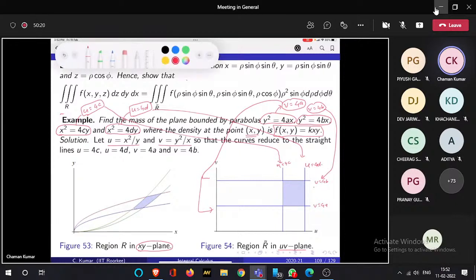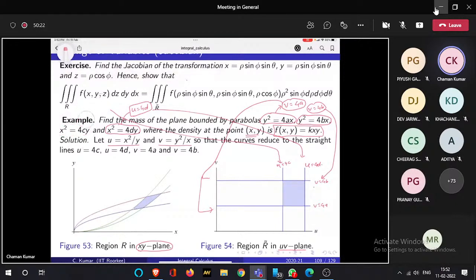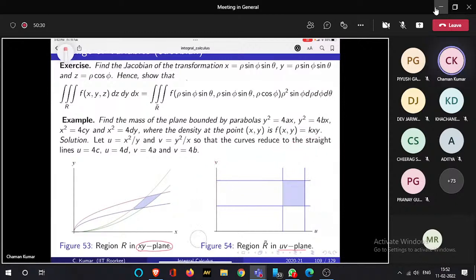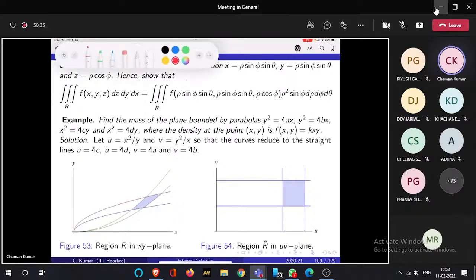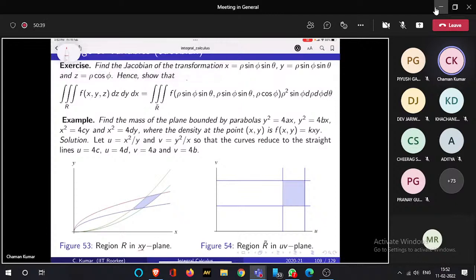Now you see what a wonderful technique we have here. We wanted to work on a complicated region. Our original task was to find the double integral on a complicated region. Now don't say that this is not complicated.